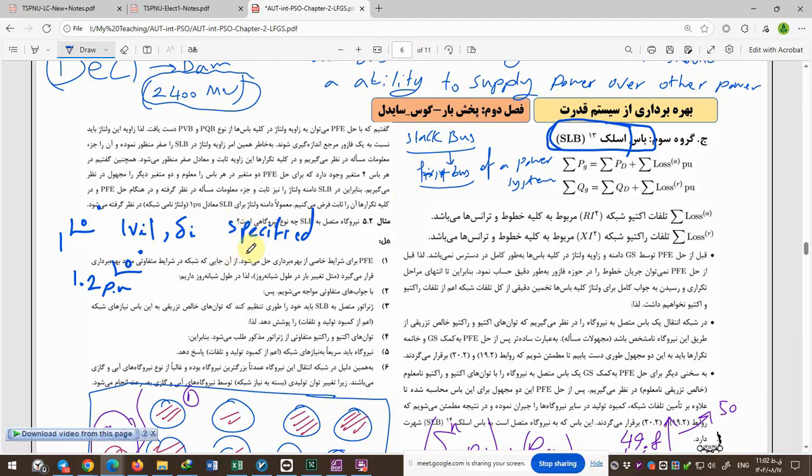In a slack bus, which parameters are unknown? P and Q are unknown.